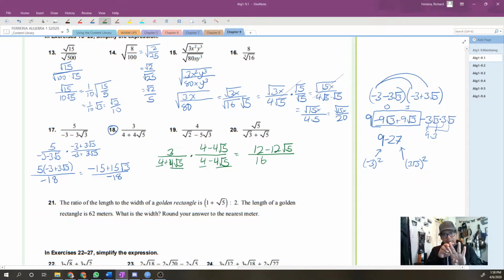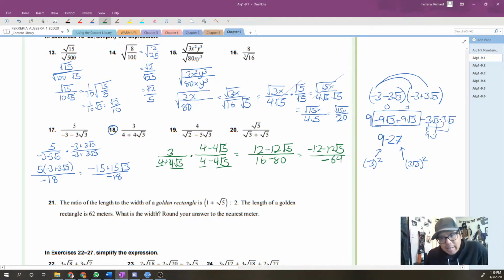Rad 5 times rad 5 is 5. 16 times 5 is 80. Okay, so that's just 16 minus 80. So we've got 12 minus 12 rad 5 over negative 64.